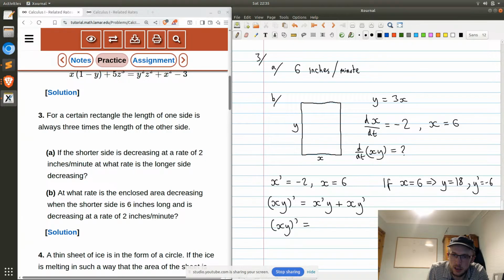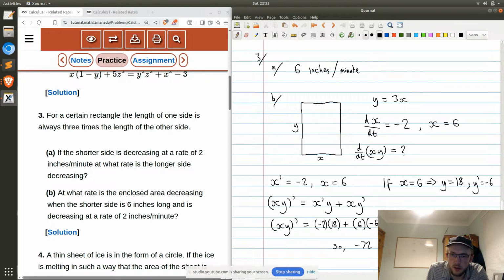So that has to be, when I plug everything in, -2 times 18 plus 6 times -6. And that's -72.